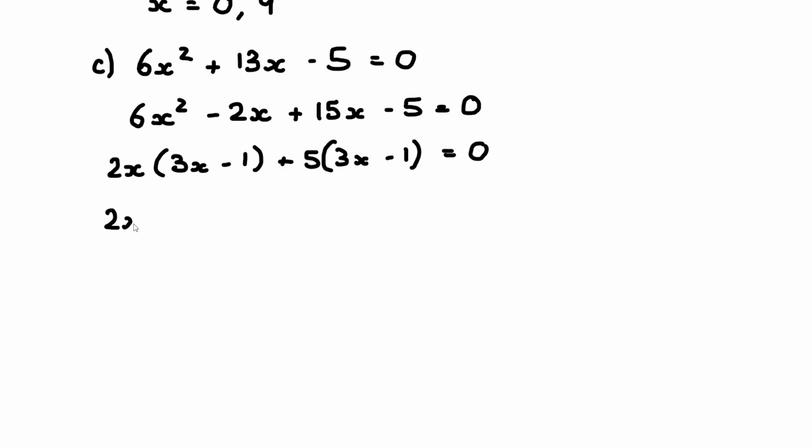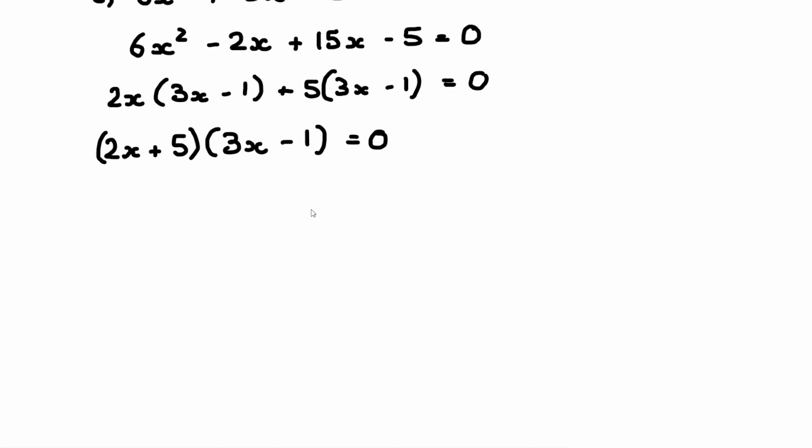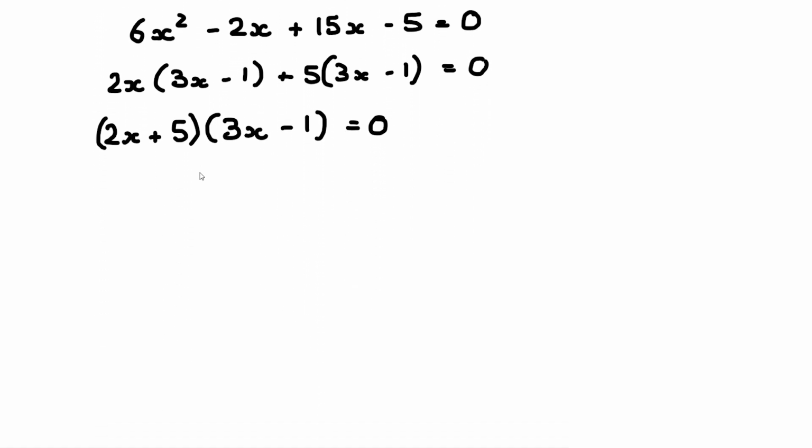So 2x plus 5 is our first bracket. And then the second bracket is just these two brackets, which should be the same, which in this case they are. So we know we've done it right. So 2x plus 5 times 3x minus 1 equals 0. This is our quadratic factorized, right?